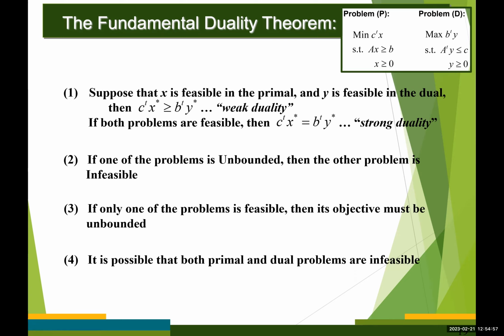So we can say that if we have a feasible solution to the primal and dual LPs such that their respective objective functions are equal, then these solutions are optimal to their respective problems.